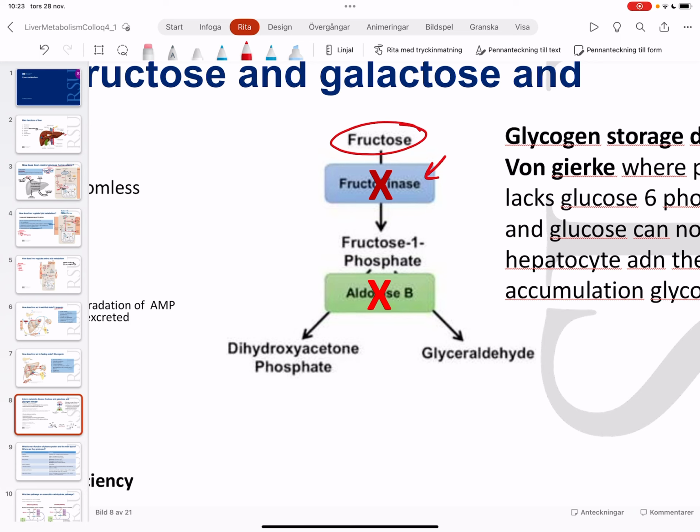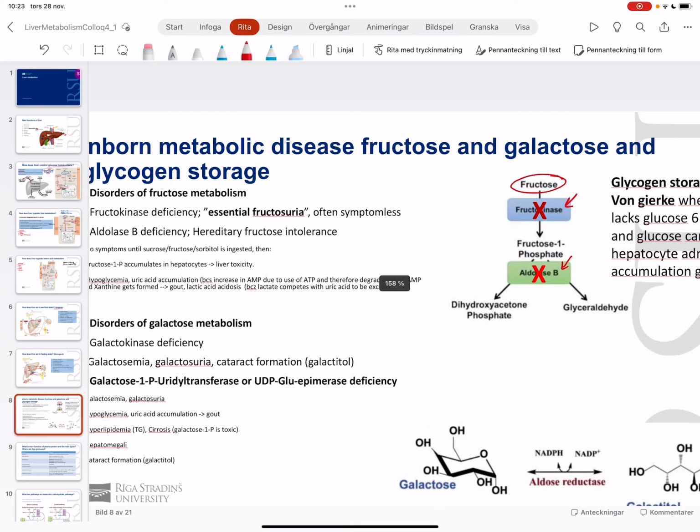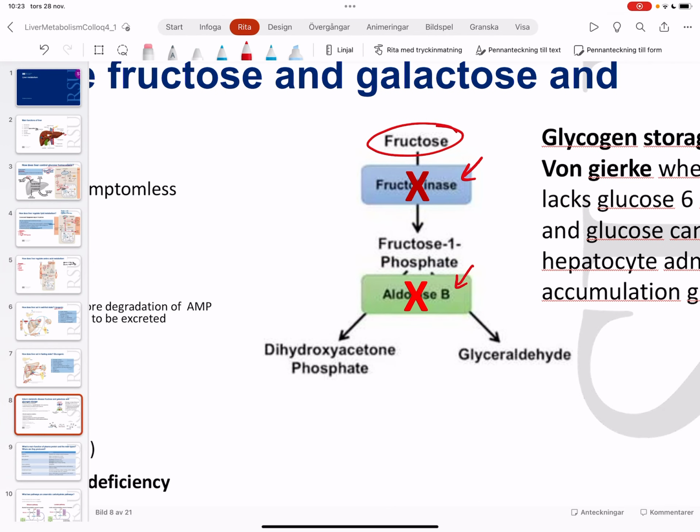It doesn't do anything. The person will just pee the fructose out. The second disease is a deficiency in aldolase B, which is also called hereditary fructose intolerance. And in that case, the phosphate right here will not be released.